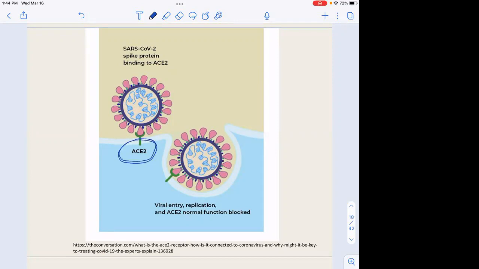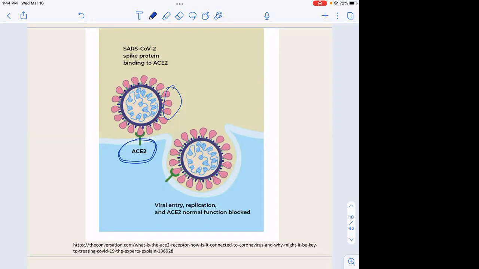We have a ton of those in the alveoli of our lungs, so deep within our lungs. And it turns out those spike proteins that COVID has, which we could refer to as ligands, are specific for these ACE2 receptors. And the immediate thing that I ask is, well, why do we even have these ACE2 receptors? Well, they're important to cut certain proteins, and they help regulate blood pressure, among other things.